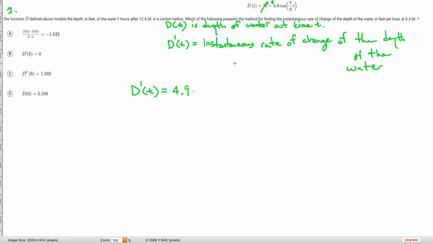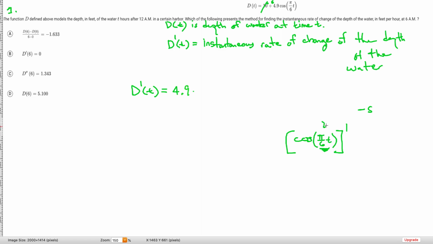I'm trying to find the derivative now of cosine of pi over 6 times t. We should know that the derivative of cosine is negative sine. So if I'm looking for the derivative of this, I gotta think of this part, pi over 6 times t, as my inner function.